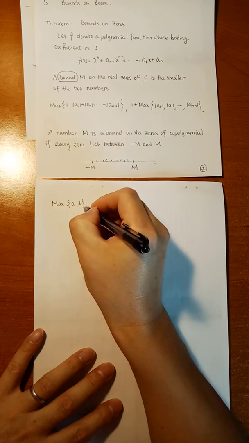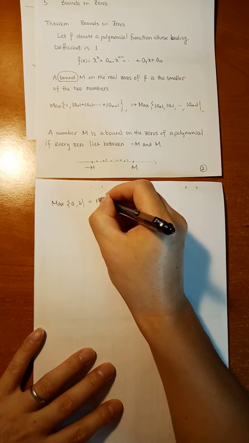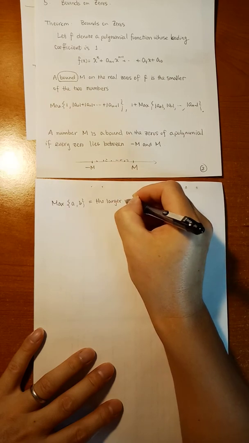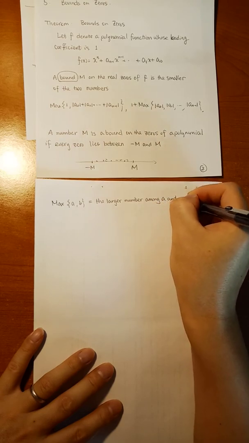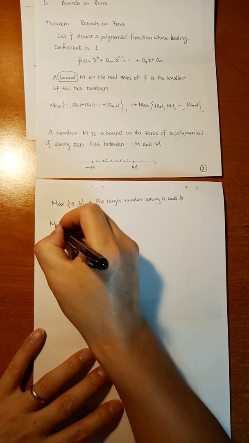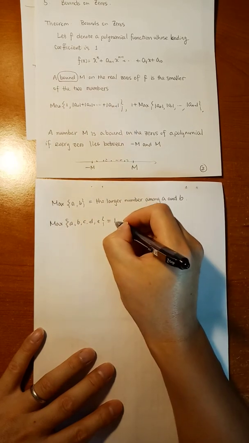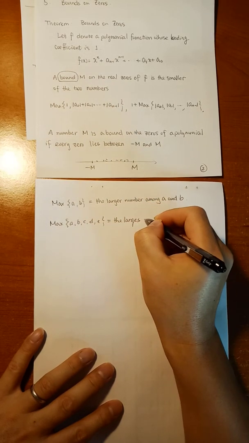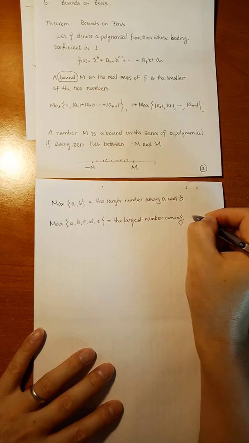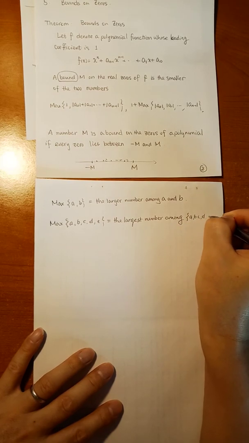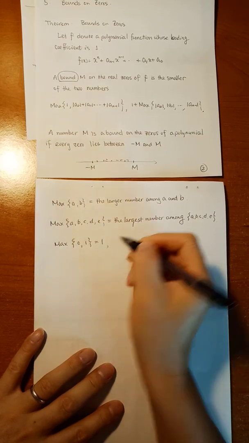Max of A and B just means you pick the larger number among A and B. If you have more terms, for example max of A, B, C, D, E, it will be the largest number among the set A, B, C, D, E. For example, max of 0 and 1 is equal to 1.